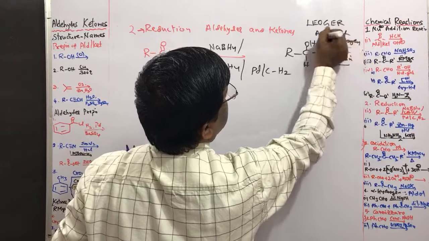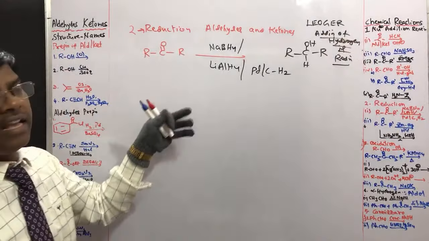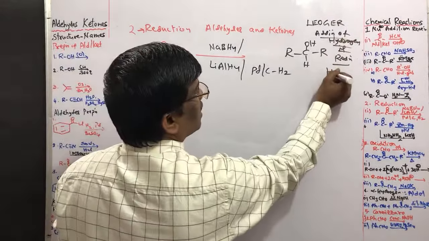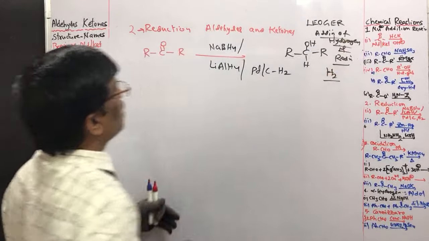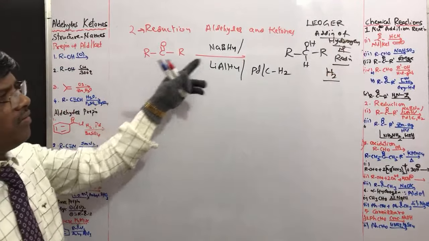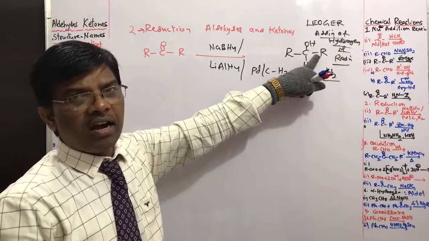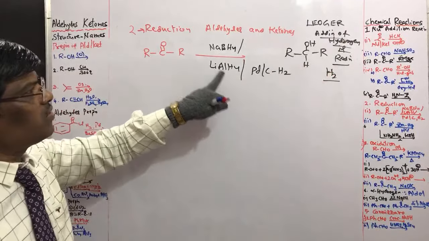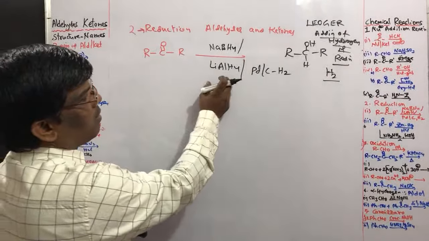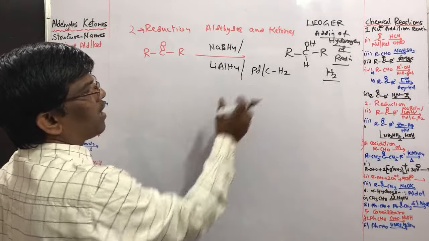So stick to this reduction step. We are adding hydrogen, H2, to the ketone or aldehyde to give this alcohol, using sodium borohydride, lithium aluminum hydride, or palladium carbon with hydrogen.